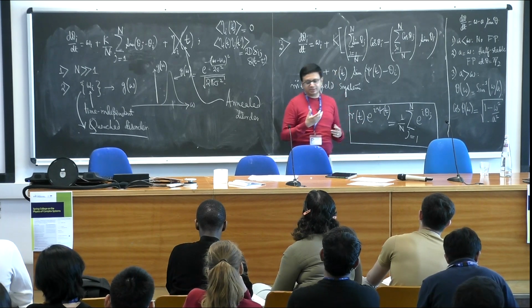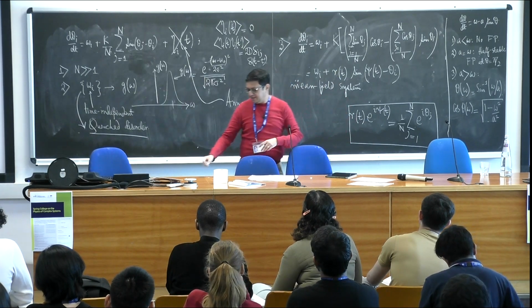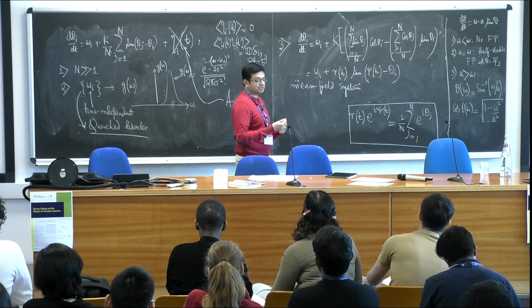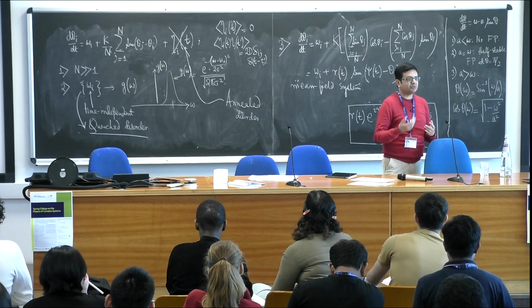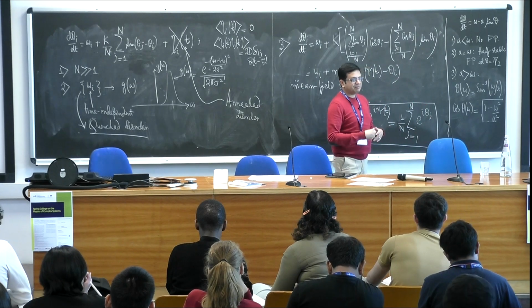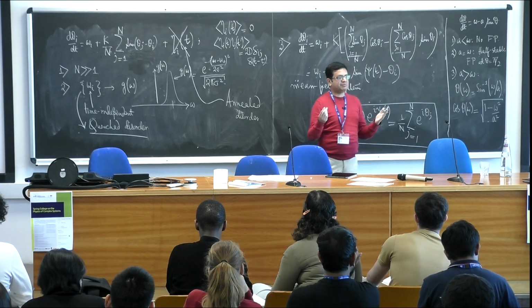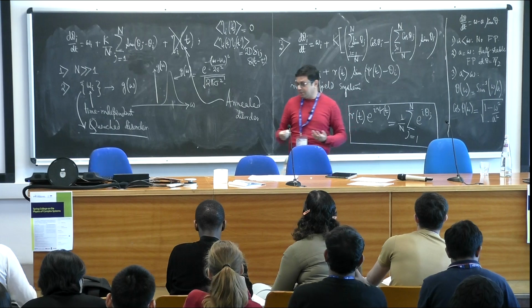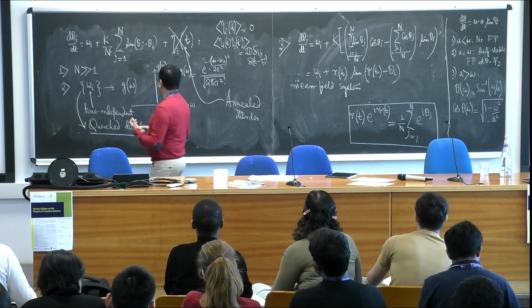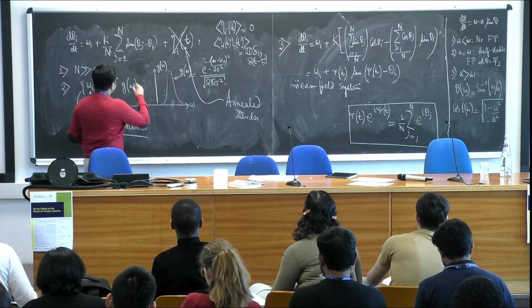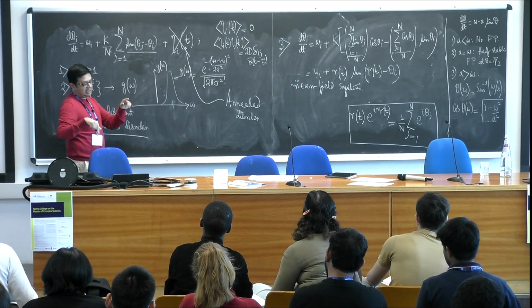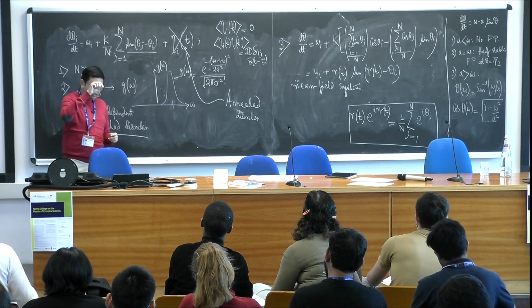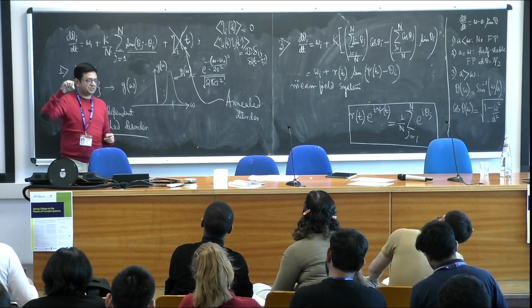So this is a feature of a mean field system: you don't have an underlying lattice structure, you don't have a notion of distance. Everyone is as close and as far as anyone else. In order to have a notion of distance, you have to put them on a lattice. For example, I have a 1D lattice, let's say a ring, on every site of which there is an oscillator.